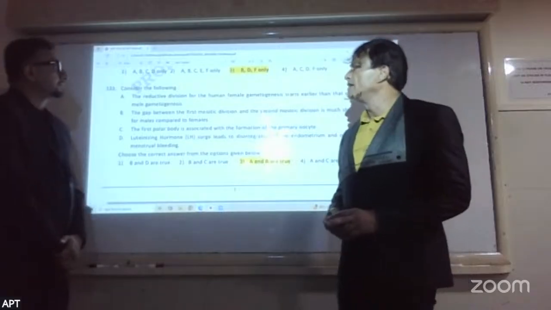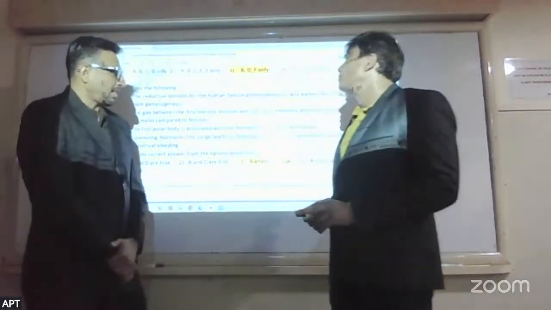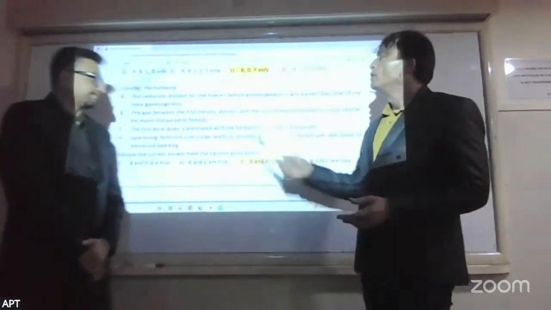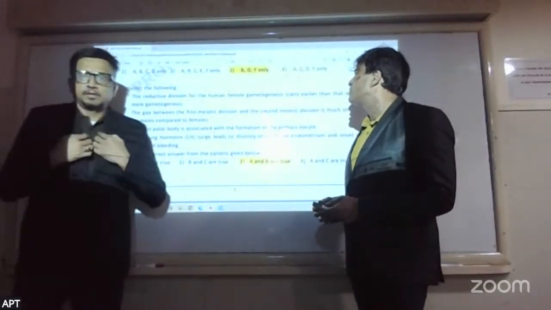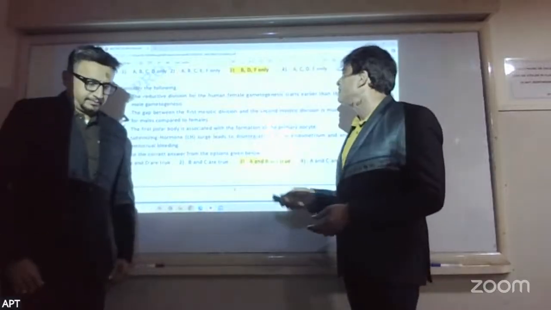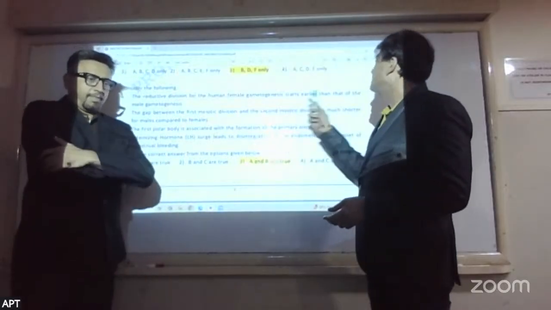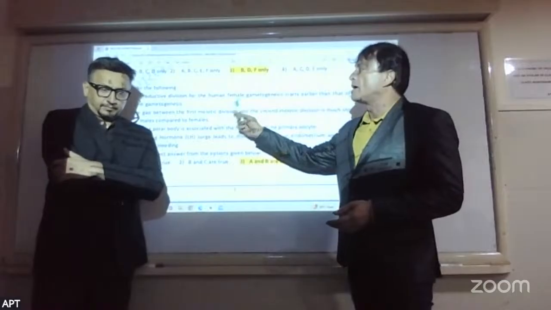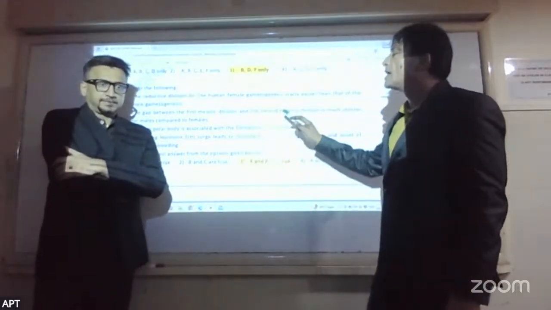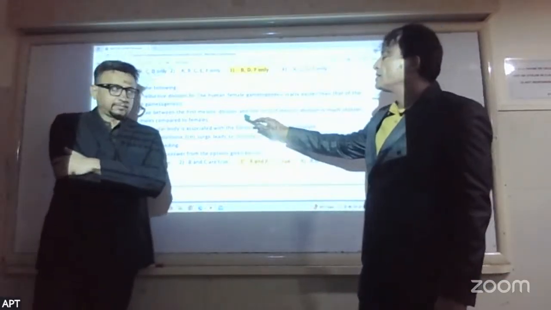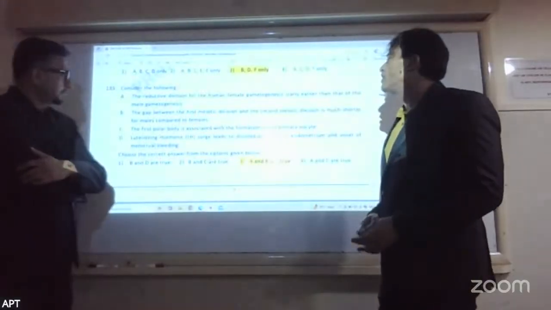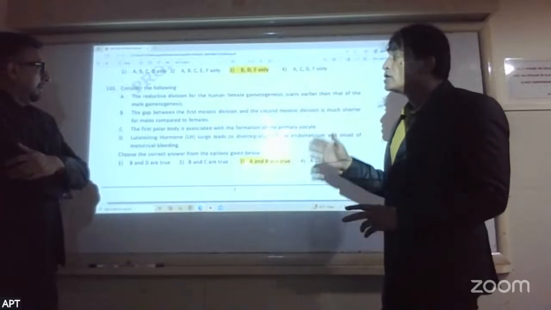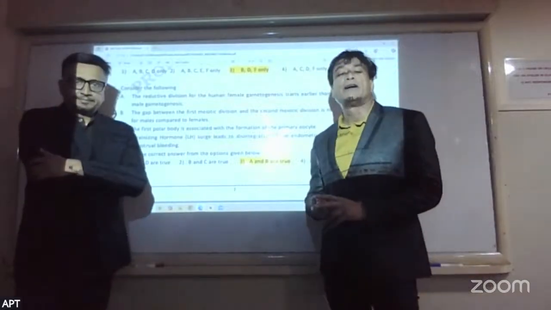Consider the following, the reductive division for the human female. This is related to human reproduction, oogenesis and spermatogenesis. Reductive division for the human female gametogenesis starts early, yes, in the fetal life, than that of the male gametogenesis, which happens at the time of puberty. Next, so this statement looks true. The gap between the first meiotic division and second meiotic division is much shorter for males compared to females.